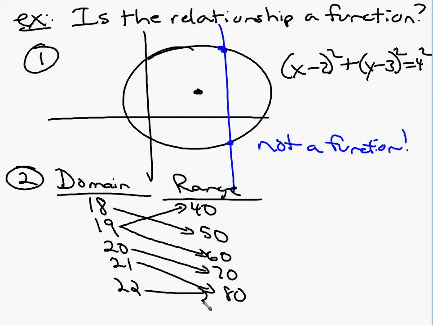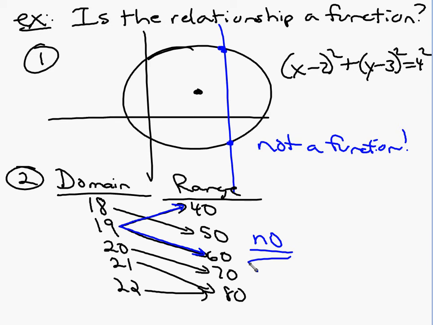Now, so the question is, is this a function? For it to be a function, every x can only be matched to one y. Do we have a situation where that's not true? Look at 19. 19 is matched to two different y's. So no, this is not a function.